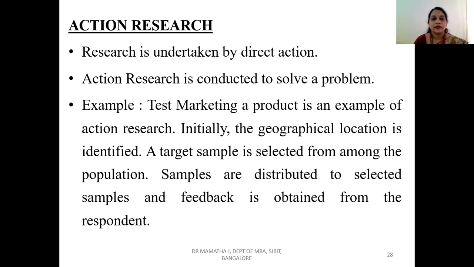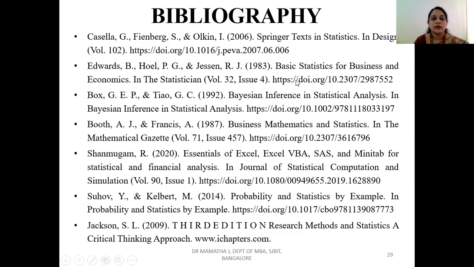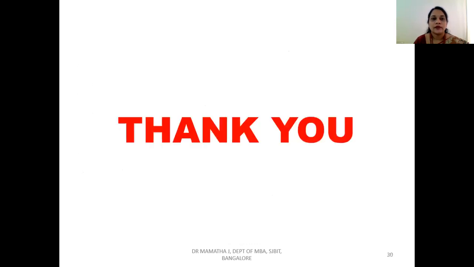So these are the various types of research which we are going to study in the first unit. I hope I'm clear with these things. Let me just brief you once again. These are the references which I have used to get the content for the first unit.